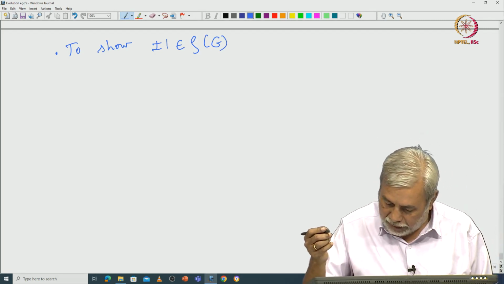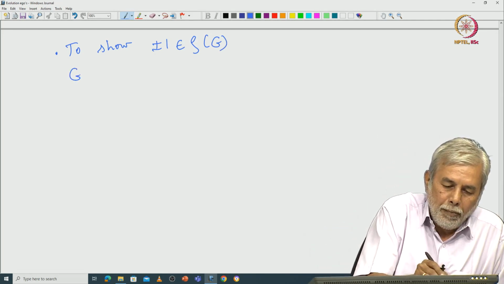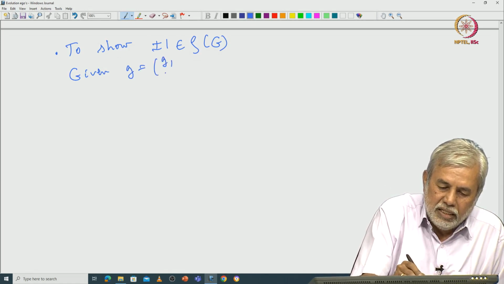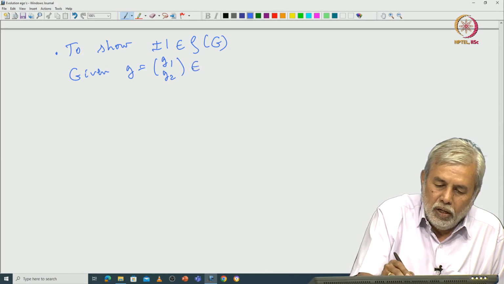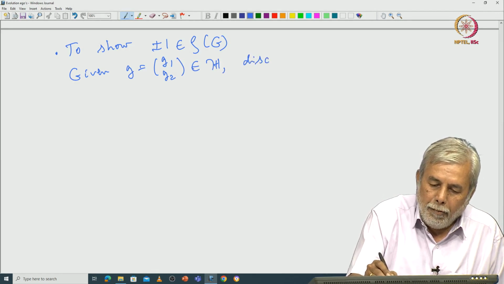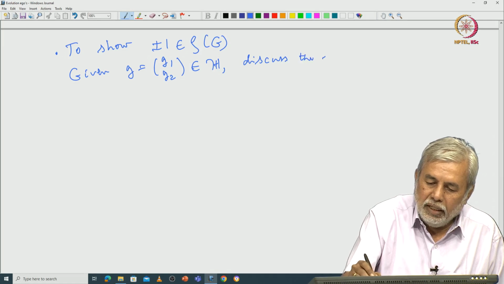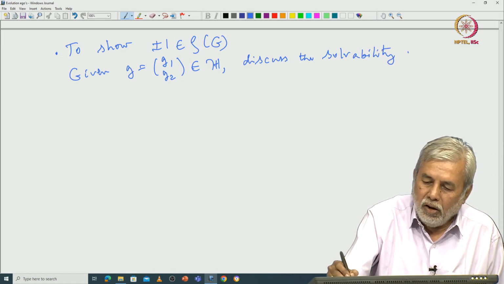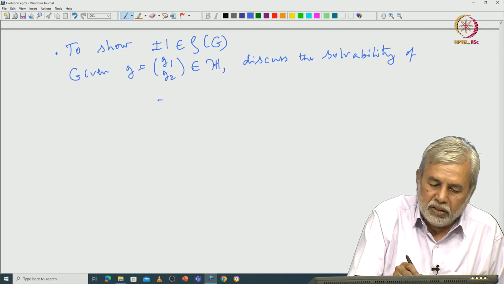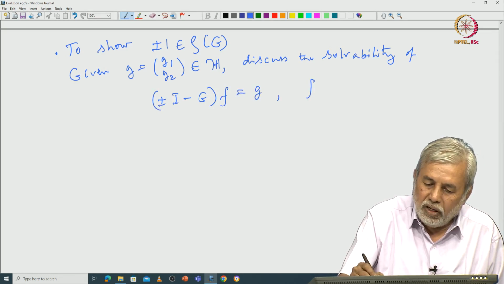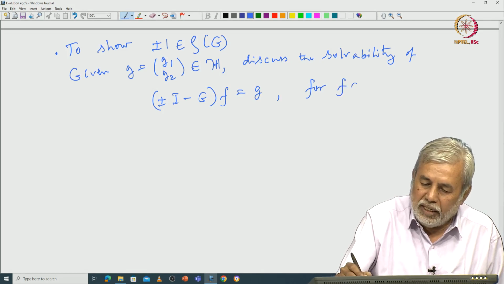Okay, let me just, so given g in H, we have to discuss the solvability of this, plus or minus I minus G f equal to g for f in, so we have to get f in D(G).